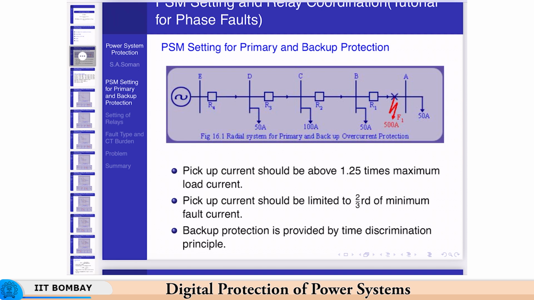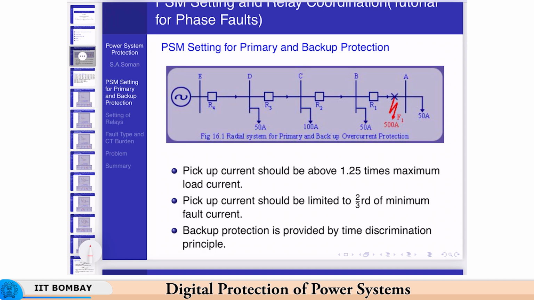So, the section BA sees a load current of 50 amperes. The section CB sees the load current of 50 amperes plus the next 50 amperes also flowing through it. So, R2 will see a load current of 100 amperes. Similarly, R3 will see a load of 200 amperes, and R4 will see a load of 250 amperes.